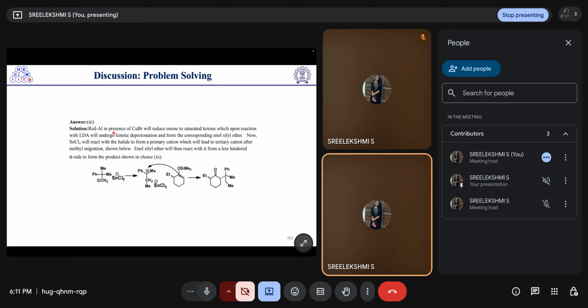So here, Red-Al in the presence of copper bromide will reduce the enone to a saturated ketone, which then reacts with LDA.